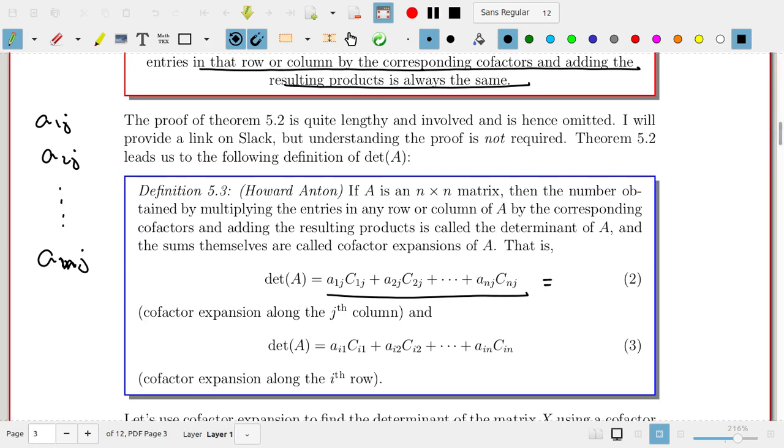So this can be written as a summation, k equals 1 to n of Akj Ckj.